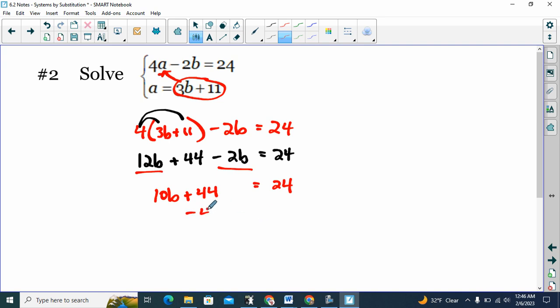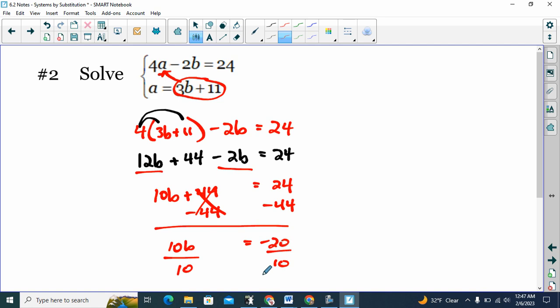Subtract 44 from both sides. 24 minus 44, that's negative 20. And divide both sides by 10. I get b equals negative 2.